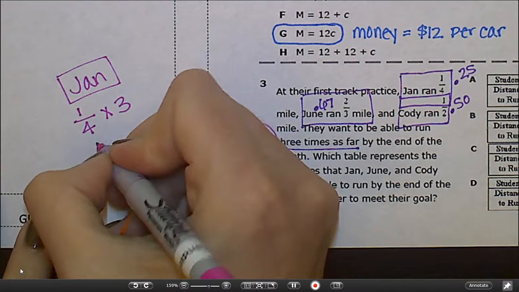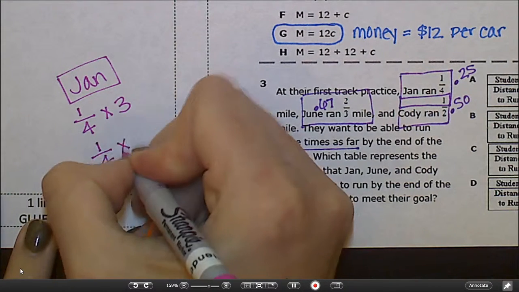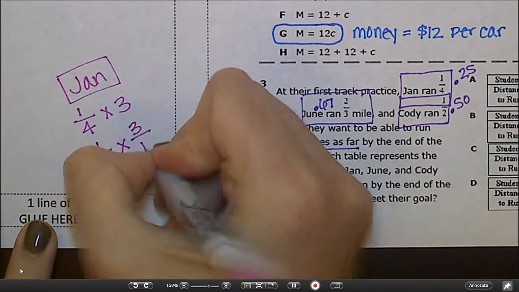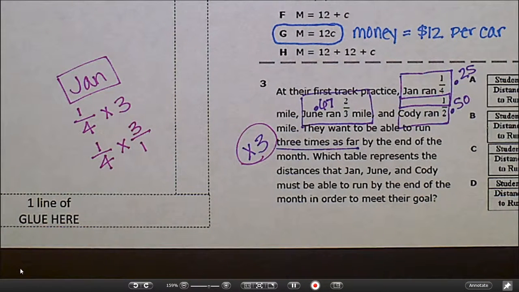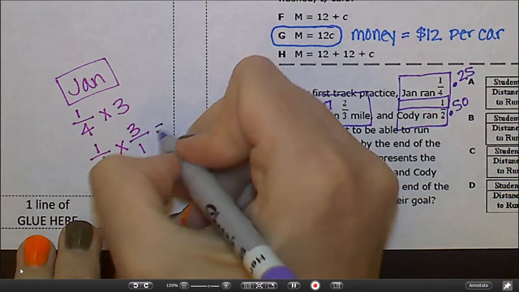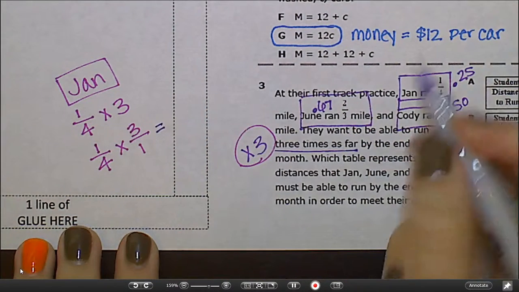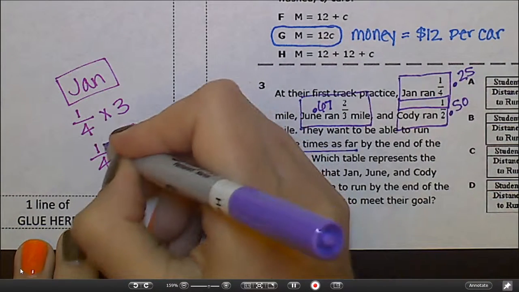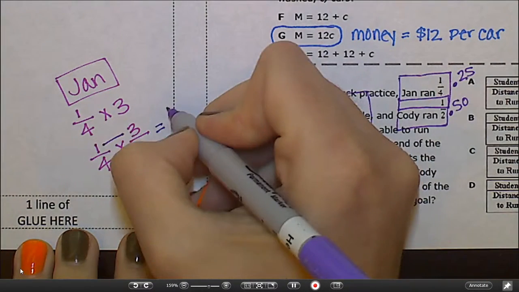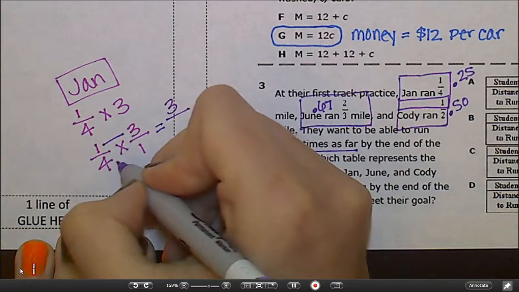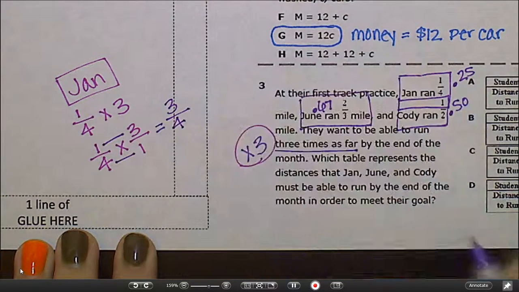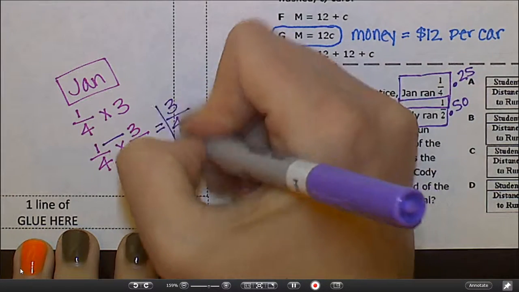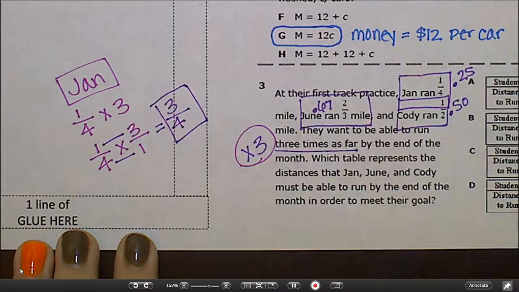So 1/4 stays like this, and this becomes 3 over 1. Now, I'm in luck because since I'm multiplying, I don't have to have a common denominator. I don't really even want one. I just multiply straight across. So 1 times 3 is 3, 4 times 1 is 4. 3/4 cannot be simplified any further, so that is my answer for Jan.